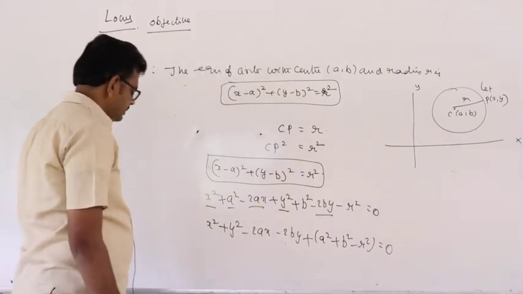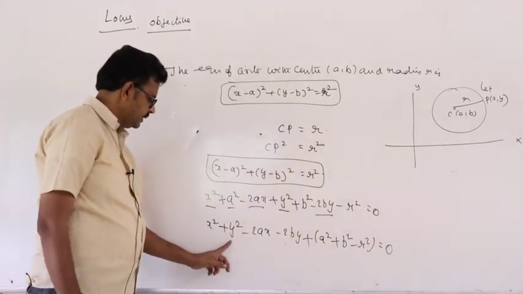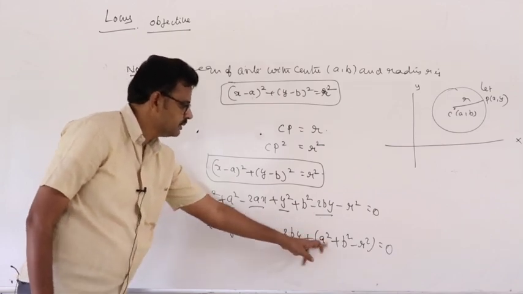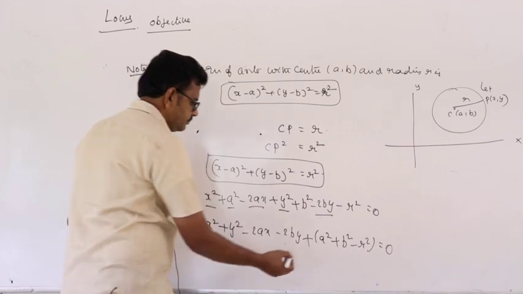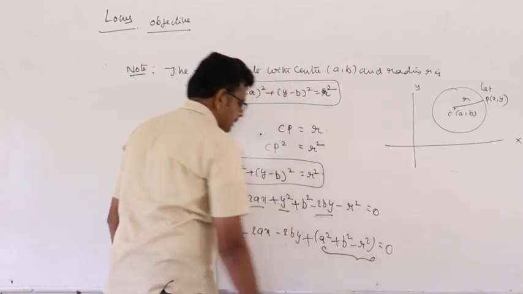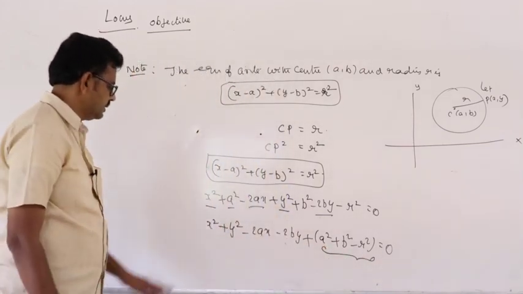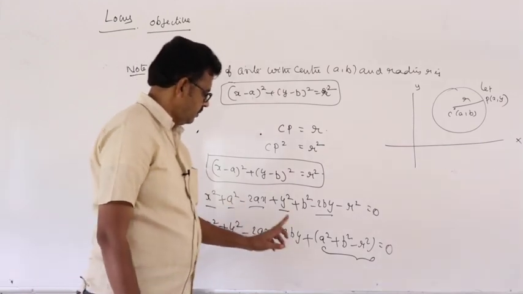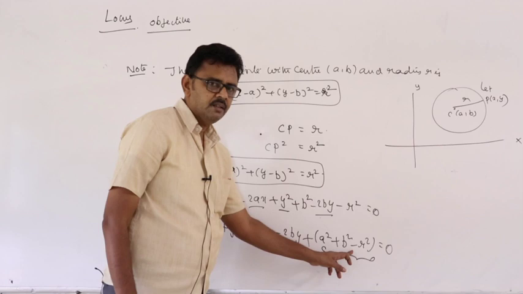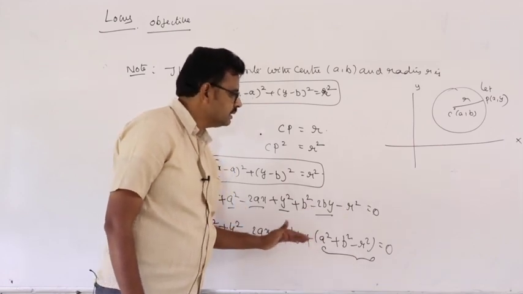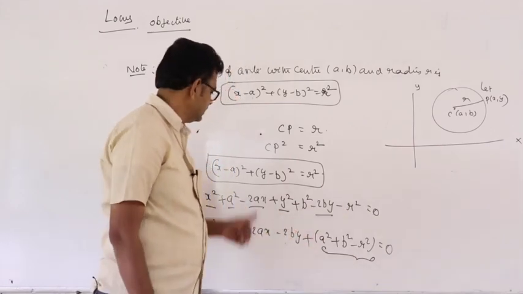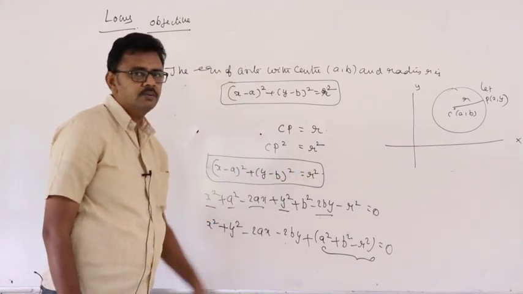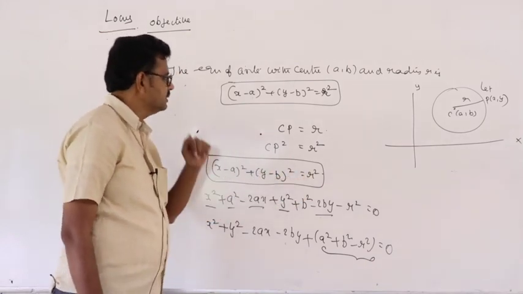So x² and y² terms, x term, y term, and everything else is a constant. This is the circle equation: (x − a)² + (y − b)² = r².